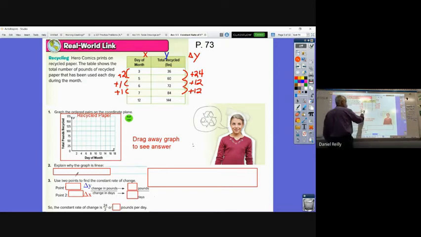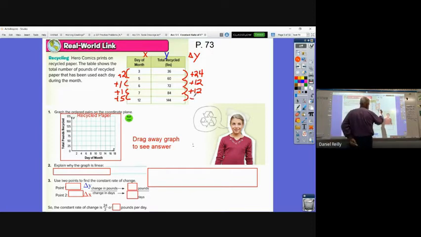And then here, this last one, it goes up by 5 months, and the increase over here is from 84 to 144, 60, okay? So now, is this a constant rate of change?